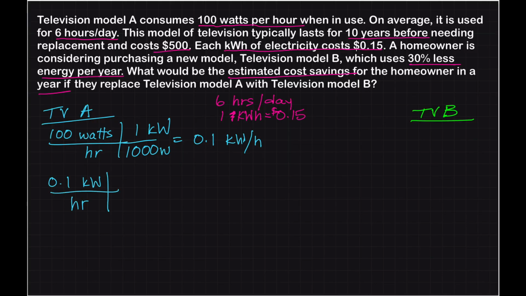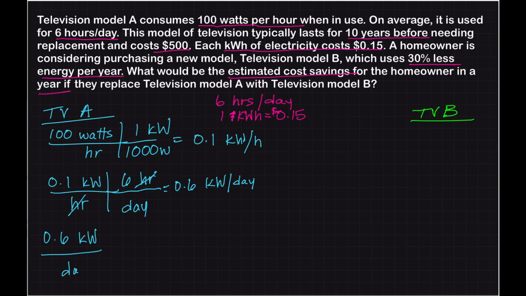And then we know that we're using it 6 hours a day. That's going to give us 0.6 kilowatts per day. And if we're using it on a regular year, not a leap year or anything crazy like that, we'll have kilowatts per day.